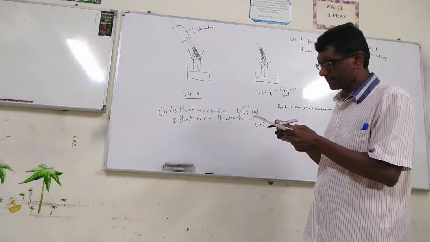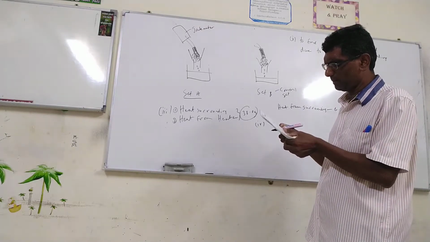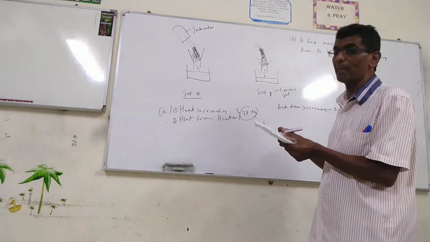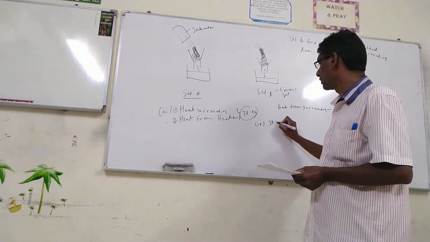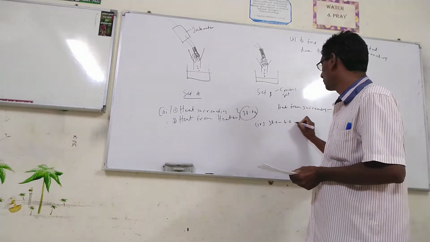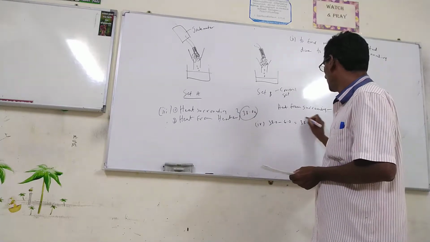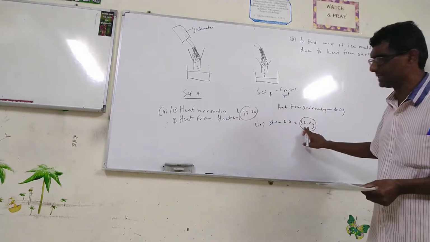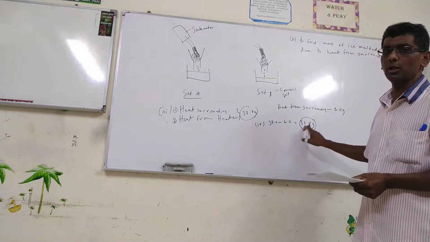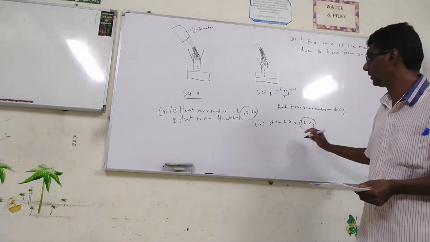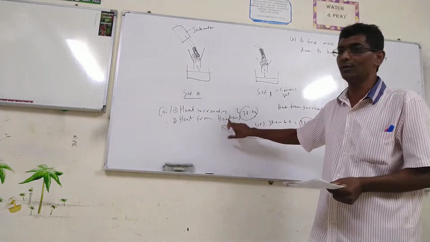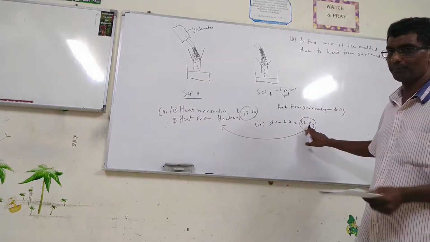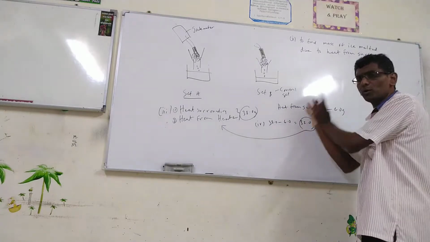The mass inside A, what is the mass of ice melted due to heat absorbed from heater only? Heater only: 38.0 minus 6.0 is 32.0 gram. This is the ice melted due to heater only, 32 gram. That's why they put the control set.